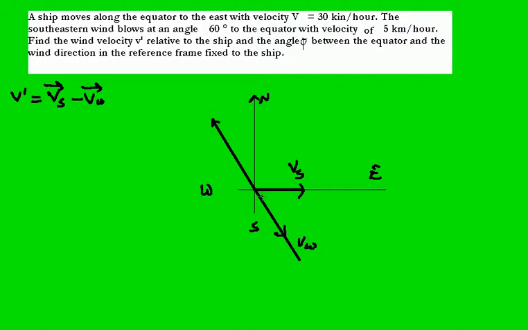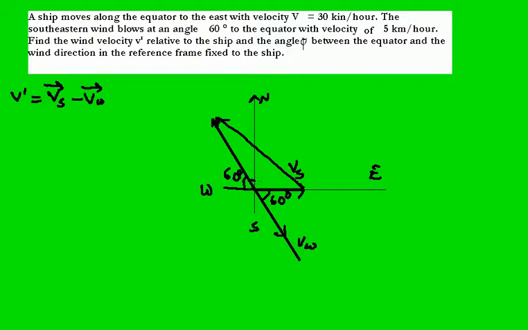Of course I forgot to mention that this was 60 degrees here, and since it's a straight line, opposite angles would definitely be equal as per geometry, and this would also be 60 degrees. So the resultant of these two vectors, during subtraction, you need to add them both. So this would be the resultant direction.